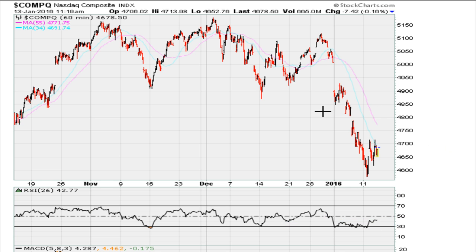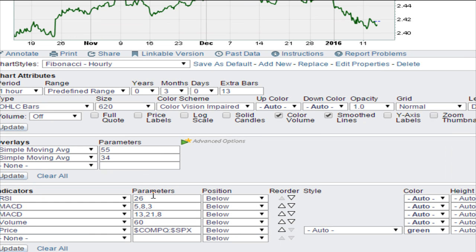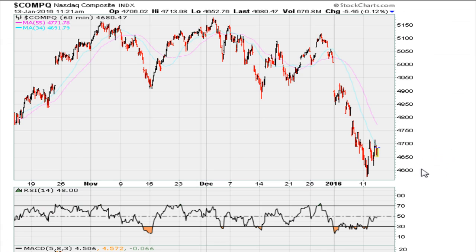But what I want to show you here is the 14-day period, which is what most of the charts are set to, because on the 14-day you will see an interesting look. So we take this line, and I just want to impress on you that it is good practice to always keep your lines on the chart and extend them down the road, because they help you in figuring out what's going on.